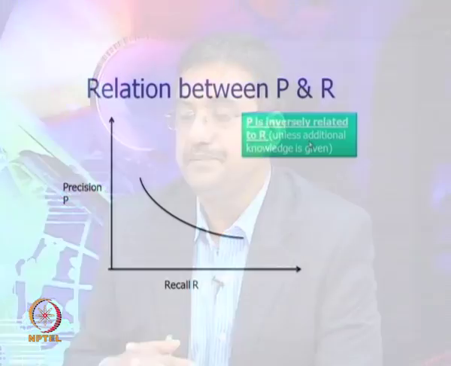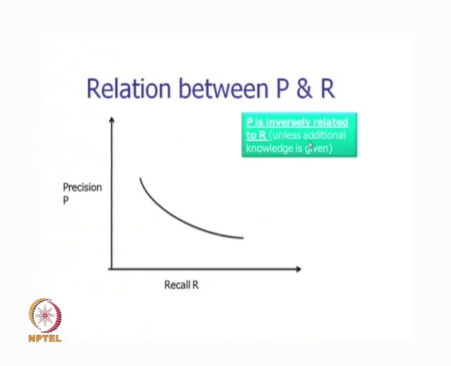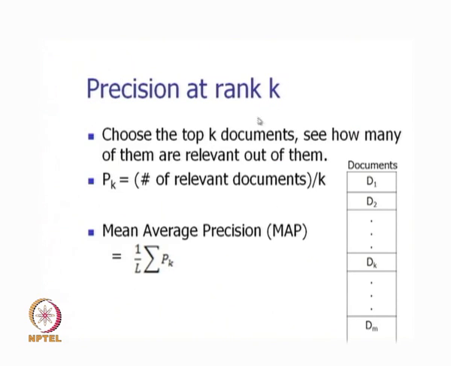So, the proverbial P versus R curve, which is decreasing, can be offset. Okay. This problem can possibly be solved by introducing language knowledge, domain specific knowledge, meaning information and so on. So, let us mark this point on the slide, that P is inversely related to R unless additional knowledge is given.